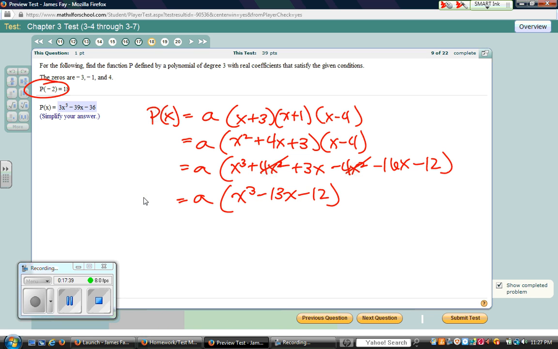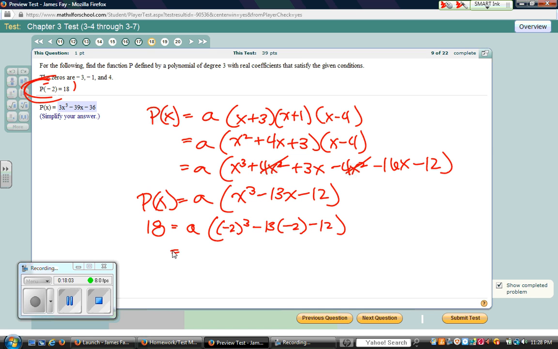That's my p of x. Now they're telling me right here, if x is negative 2, p of x is 18. So 18 is equal to a times negative 2 cubed minus 13 times negative 2 minus 12.